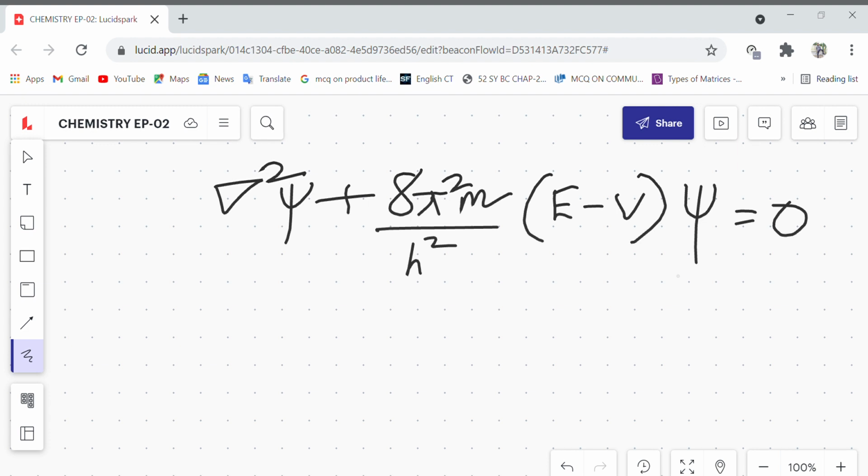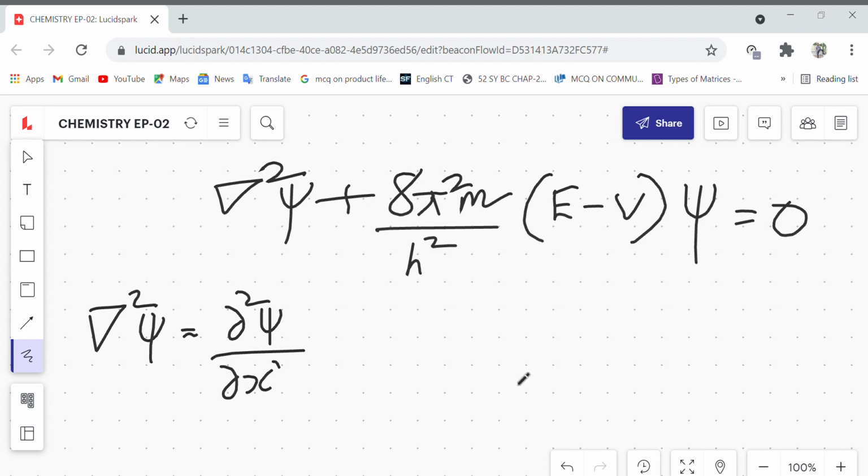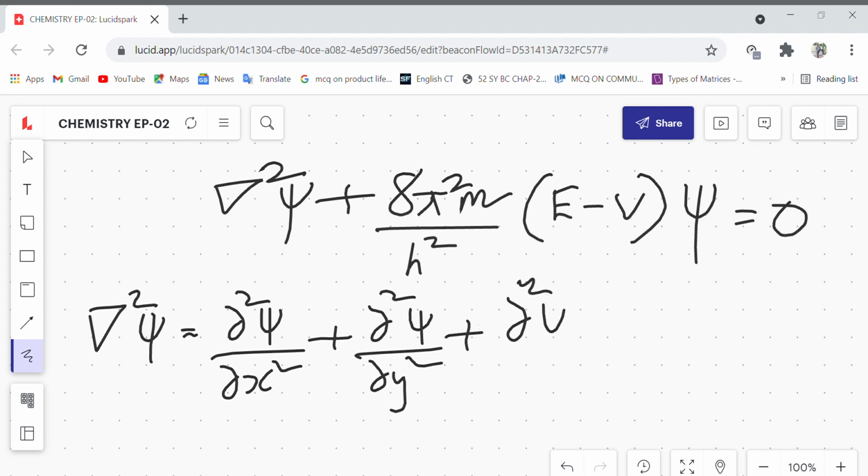This can also be written as delta square psi equal to dou square psi divided by dou x square plus dou square psi by dou y square plus dou square psi by dou z square.